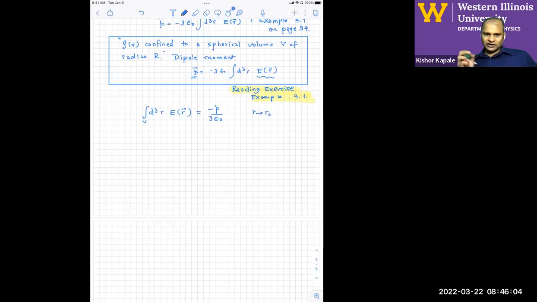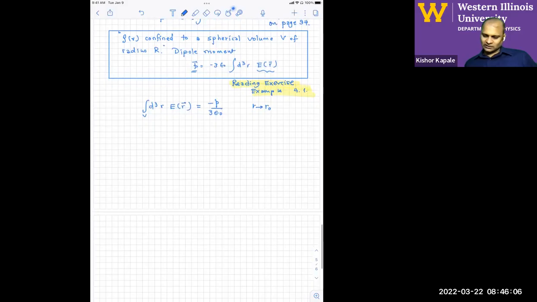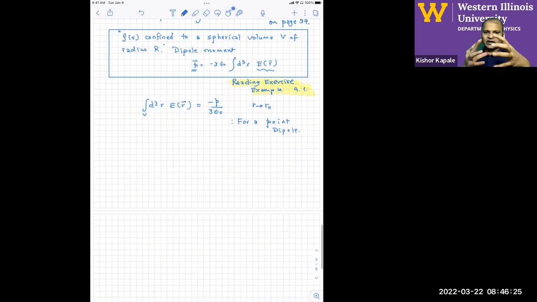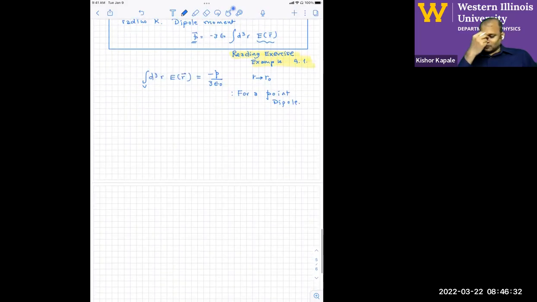So we're now approaching that point, and that's how it is going to be for a point dipole. Right, so you don't really care about where that dipole is coming from, whether it's an ordinary dipole or a point dipole.